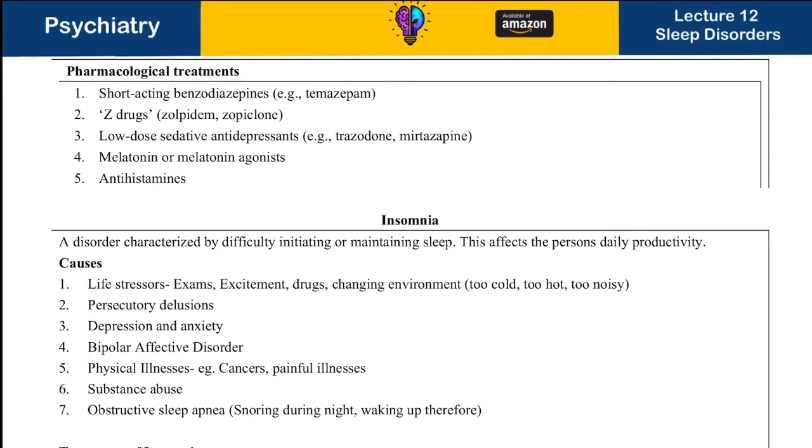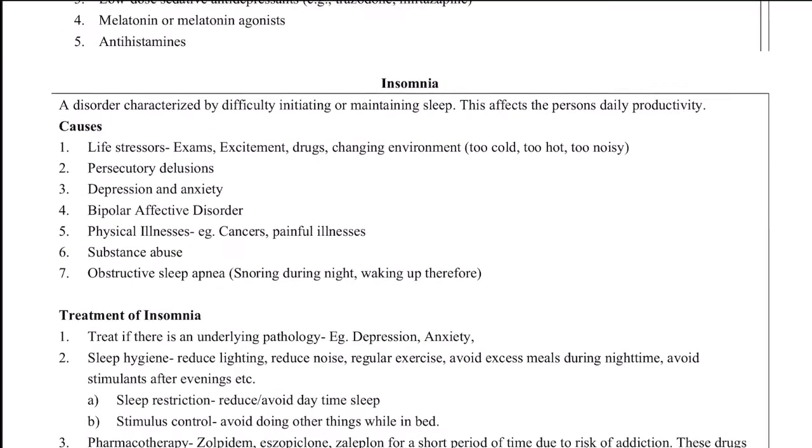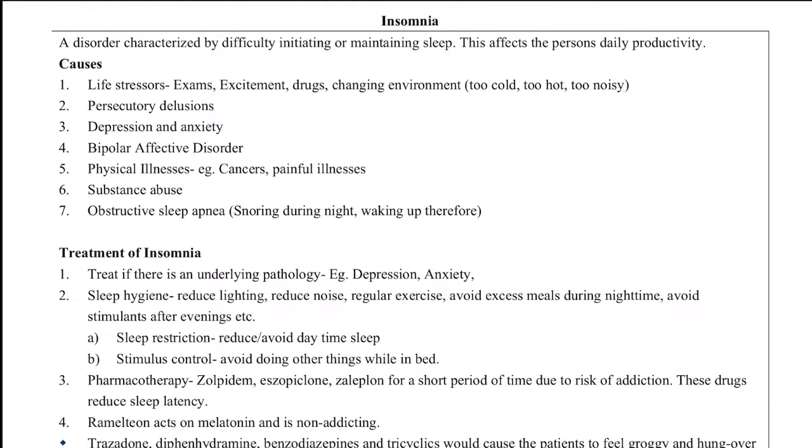These are also benzodiazepines. They have lesser side effects of being groggy the next day, but then there was a risk of addiction. So they had to create new drugs. We will go into those in a while. Then melatonin, antihistamines are also prescribed.